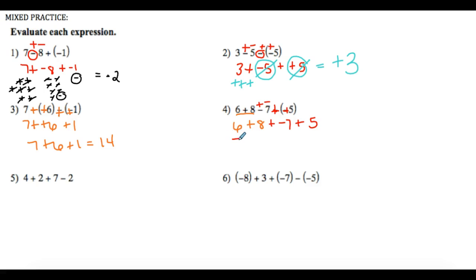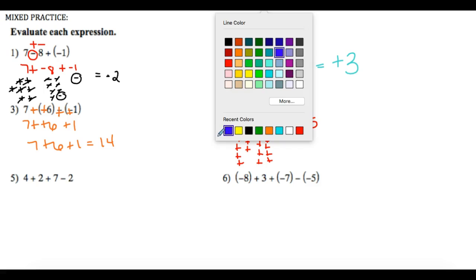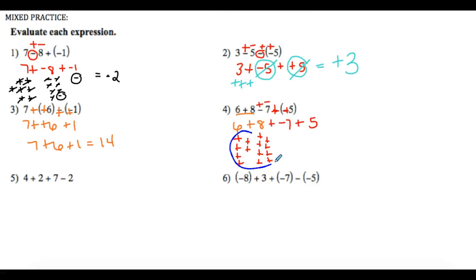So if I have 6 positives and then 8 positives, that's 14 positives between just those two. Because this is a big old positive party, I can tell you that that has 14 positives. Then I have to add into that 7 negatives. 1, 2, 3, 4, 5, 6, 7.